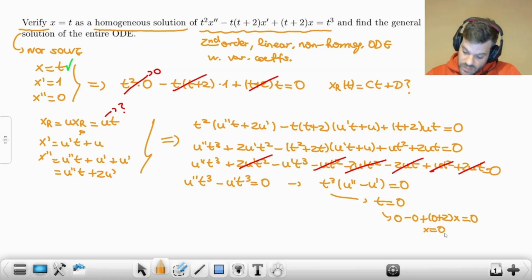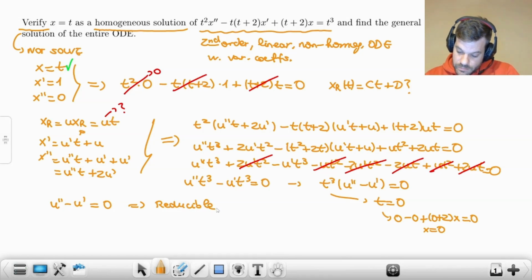So much more interesting, what if u double prime minus u prime equals 0? And even though it's a second order, given our nice checkpoint that all the u terms must be gone, that means that this second order differential equation must be reducible. So there's no output, and therefore we have a nice substitution.